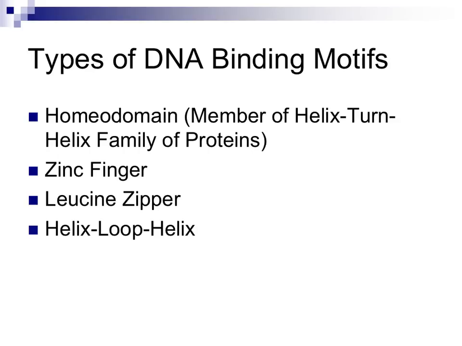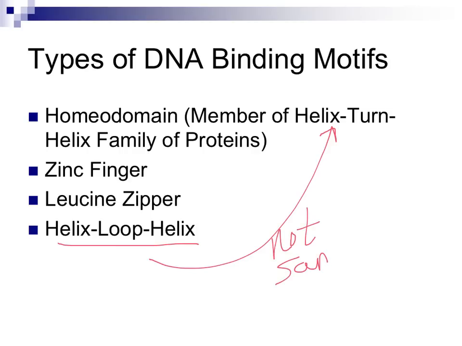Then there is a zinc finger, a leucine zipper, and a helix loop helix. Now please be careful. The last one, the helix loop helix, even though it sounds like the helix turn helix, they are not the same. Just keep that in mind. The name similarity does not mean they are structurally similar.